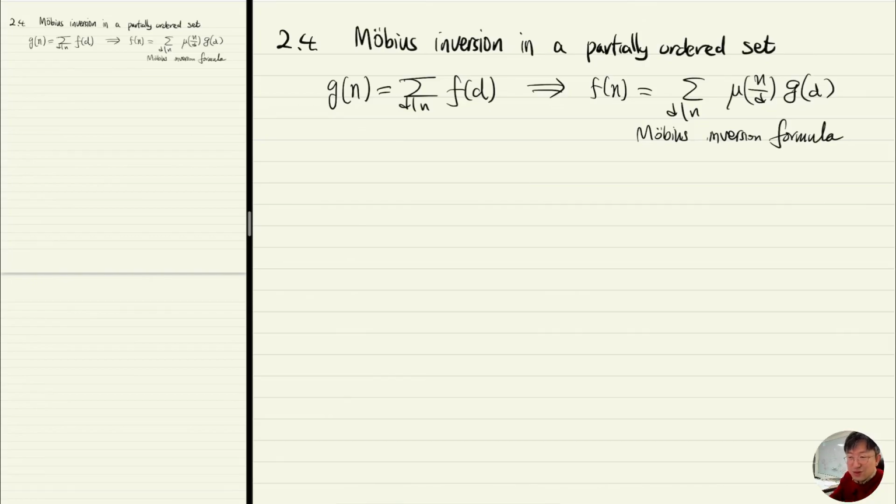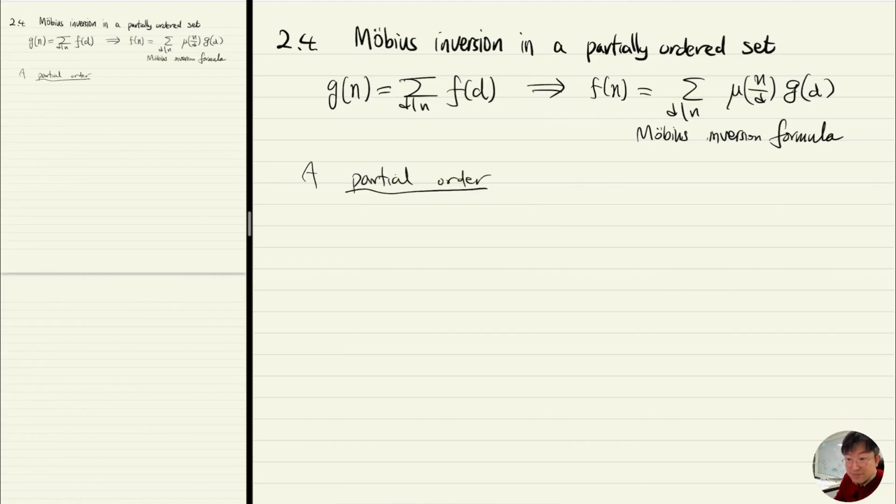Now I want to tell you a more general version of that, which works on a partially ordered set. So let me start with the partially ordered set. What is a partially ordered set? A partial order.